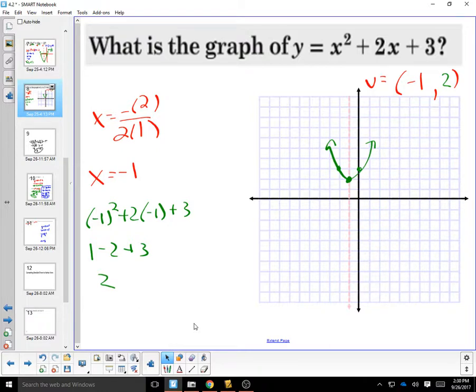So, which part is confusing you? Which part do you not get? Can you get the vertex? Yes, I got it. Which part? The axis of symmetry? Oh, well that's easy. This is A, right? What number is right here? 1.